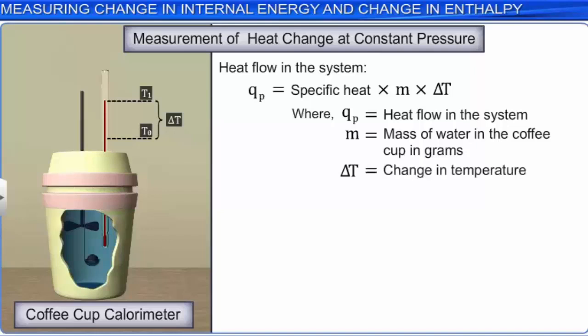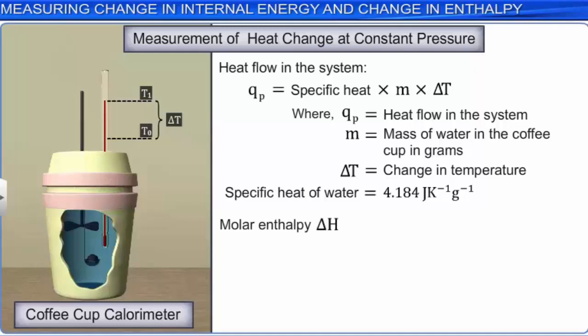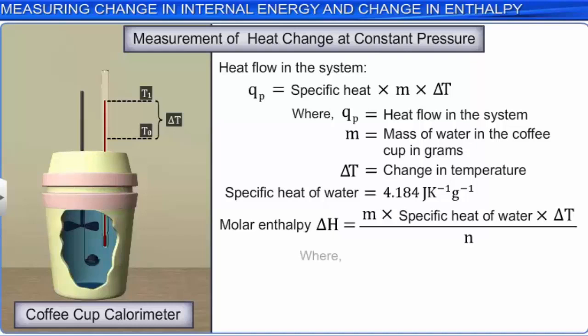Specific heat of water is taken as 4.184 joules per Kelvin per gram. Therefore, the formula for calculating molar enthalpy delta H of a substance is delta H = m × specific heat of water × delta T / n, where n is the number of moles of the reacting substance in the system.